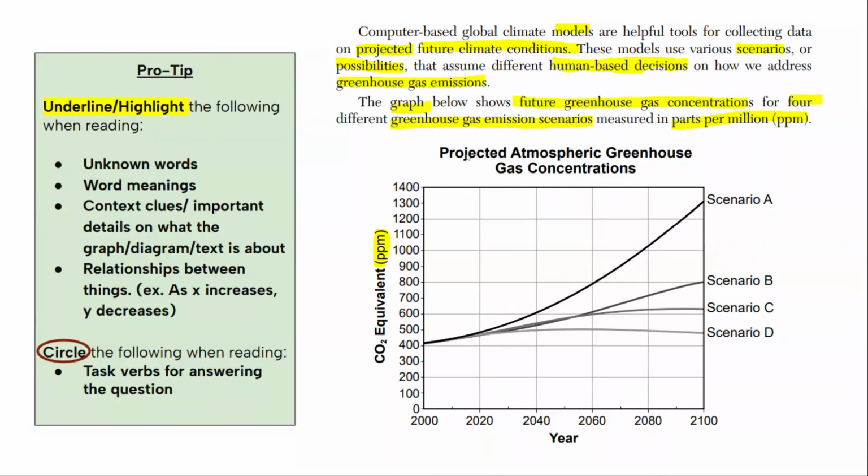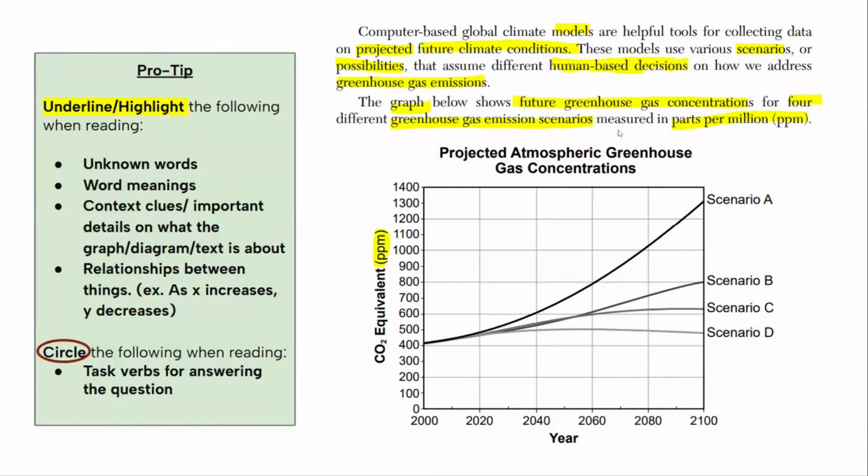The graph below, I'm highlighting graph because it's talking about this now, shows future greenhouse gas concentrations for 4 different greenhouse gas emission scenarios. So once again, it's giving me 4 different scenarios or possibilities, and future greenhouse gas concentrations. So what might be the concentrations in different scenarios of greenhouse gases?